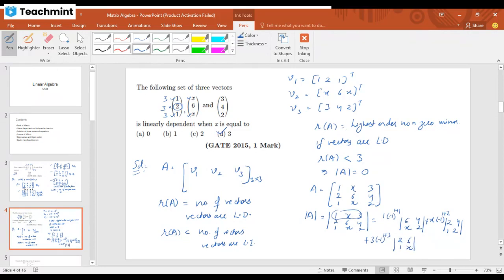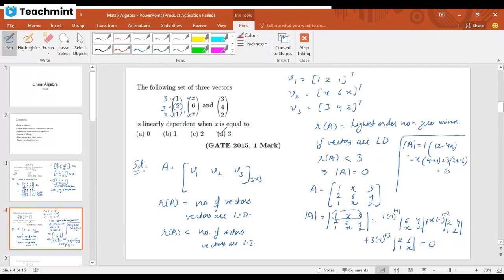If we calculate its determinant and equate it with 0, let us see the value of this determinant. The first term is 1 times (12 minus 4x), then minus x times (4 minus 4), and again 3 times (2x minus 6), and it is equal to 0.